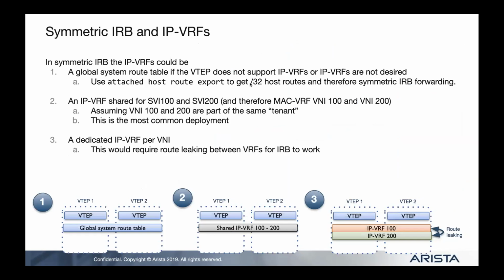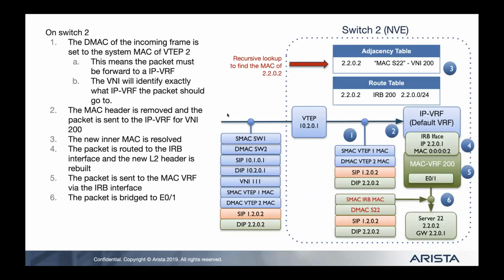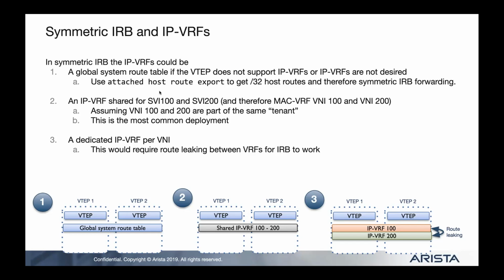What we discussed so far is one way of symmetric IRB, using the IP VRF. We have VTEP 1 and VTEP 2, with multiple SVIs, SVI 100 here and SVI 200 here.